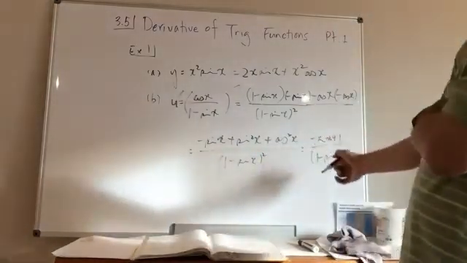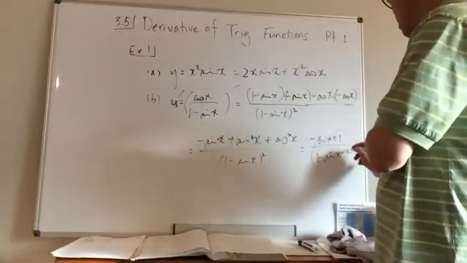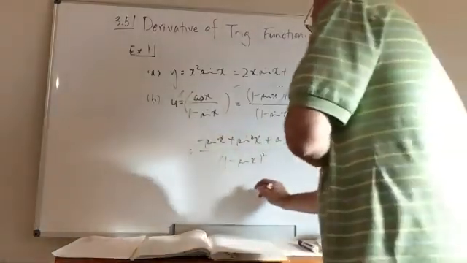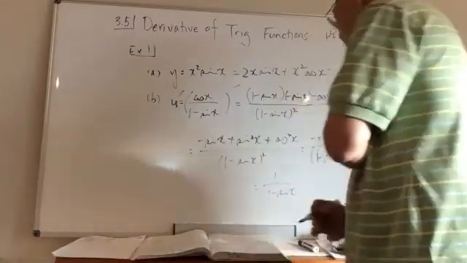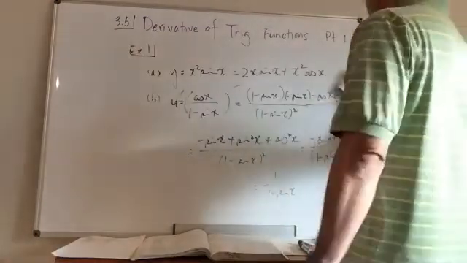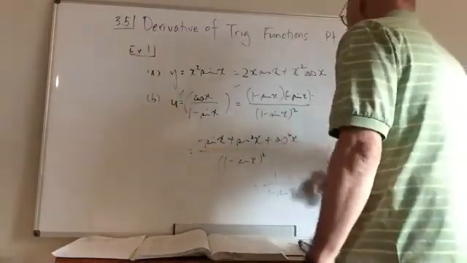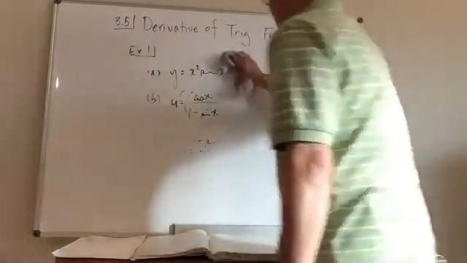Top and bottom are the same, but different powers, right? So one of these goes away with this. So you're going to end up with 1 minus sine x over 1. And okay, that's it. So that's how you use the trig function derivatives. That was example 1.